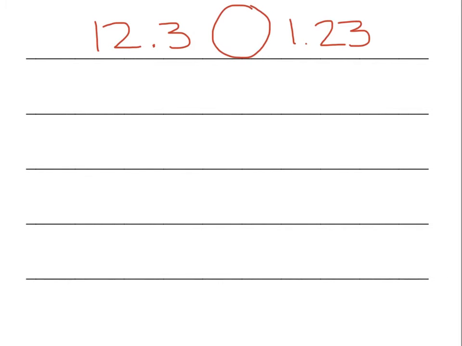So to compare decimals, let's take a look at an example. If I have 12 and 3/10 compared to 1 and 23/100. Well, if you take a look at it, they are all the same numbers. We've got a 1 and a 1. We have a 2 and a 2. We have a 3 and we have a 3.